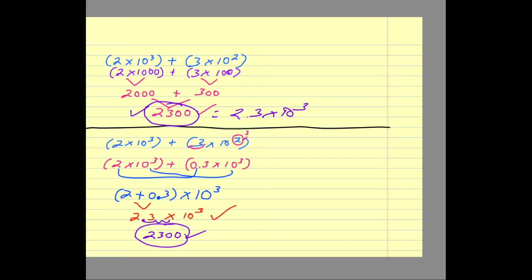Let's do one more example here. Let's look at something with some subtraction. So let's go with 9.1 times 10 to the third power, and I want to subtract 1,100.